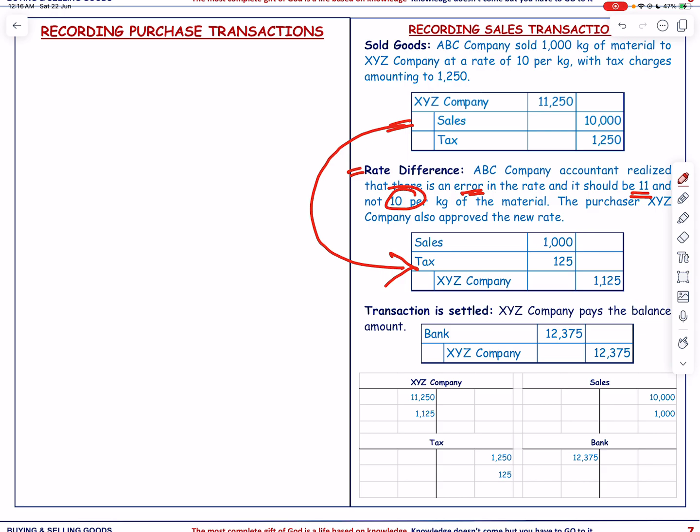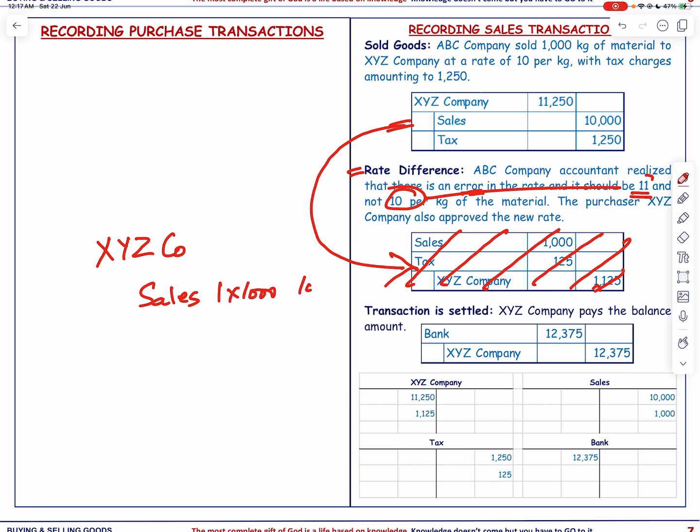So if there is a rate difference, I think there is a mistake over here. So if there is a change, XYZ company will be debit. You can see that it should be 11. So the sales will be credit by 1, because the difference is 10 times 1, that is 1 times 1000 kg, that is 1000.